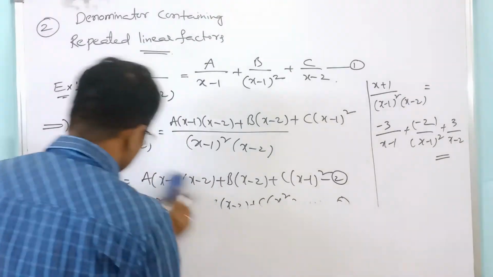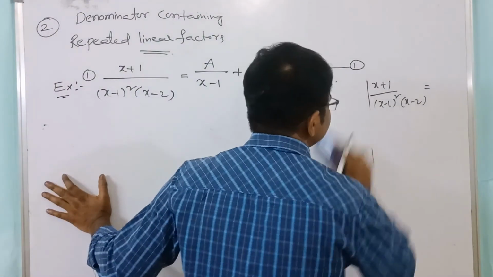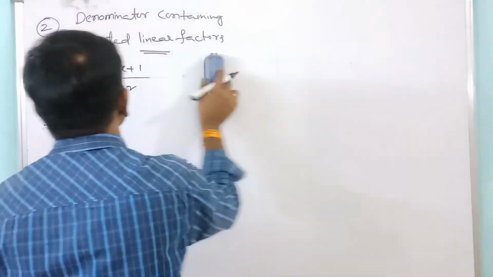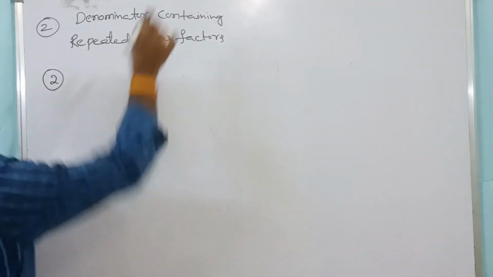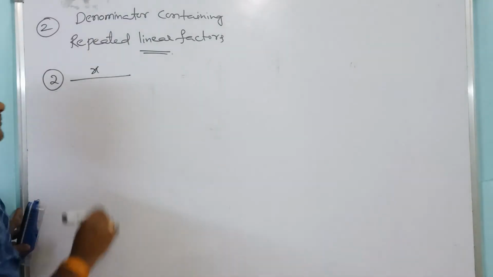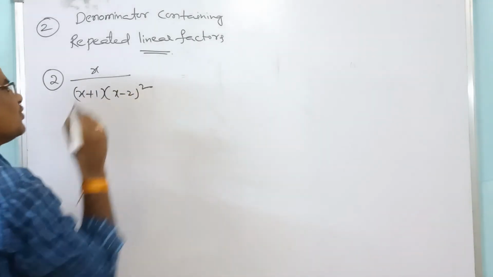Next, take one more example on this, the second one. Suppose they have given x by x plus 1 into x minus 2 whole square, like this.